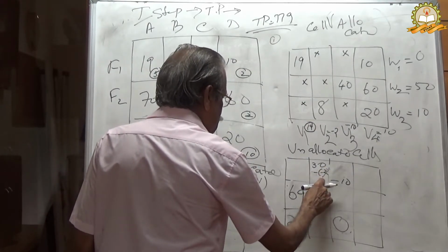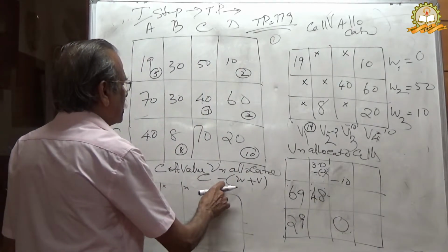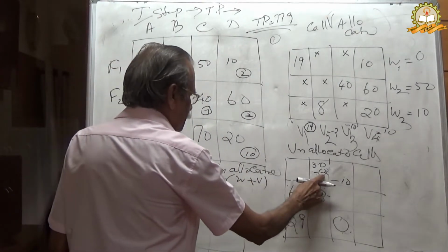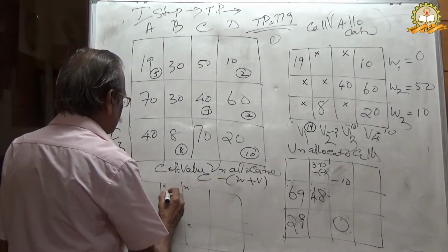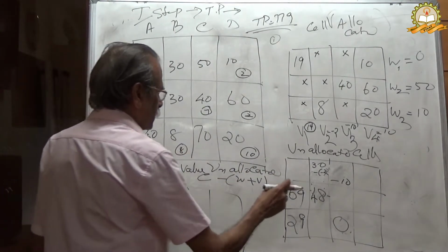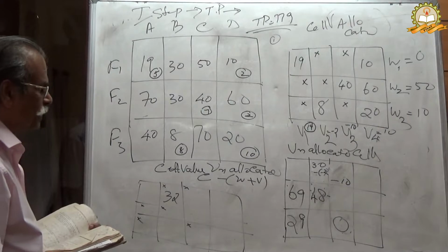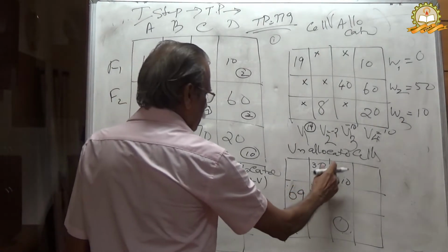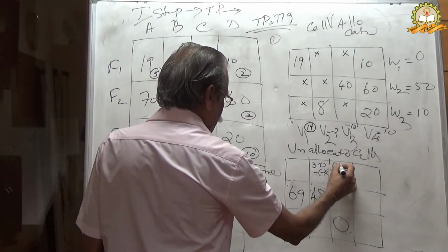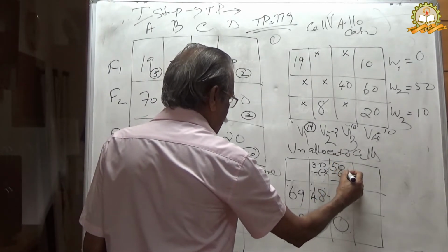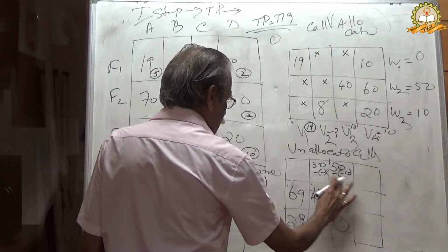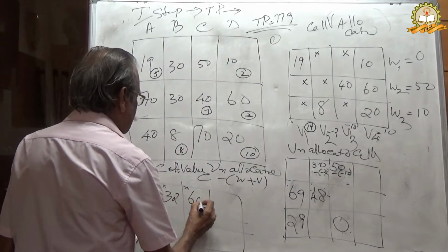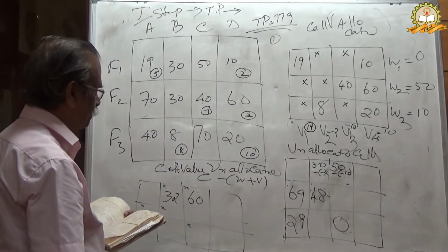You obtain minus 2, but the formula is C minus of minus 2, therefore you have 32, 30 plus 2. Then this will be, originally is 50 minus of minus 10. You have 60.